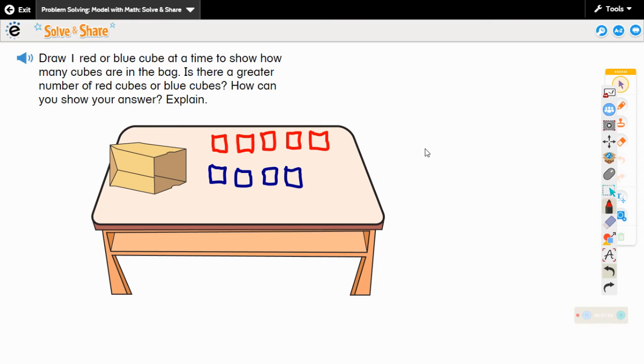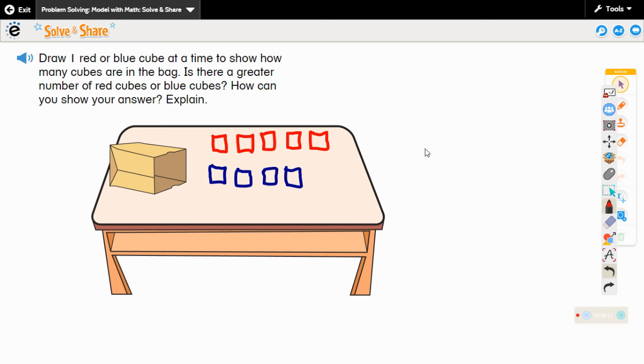Which do we have a greater number of? Do we have a greater number of red or a greater number of blue? Remember, greater number means the bigger number, the one we have more of.